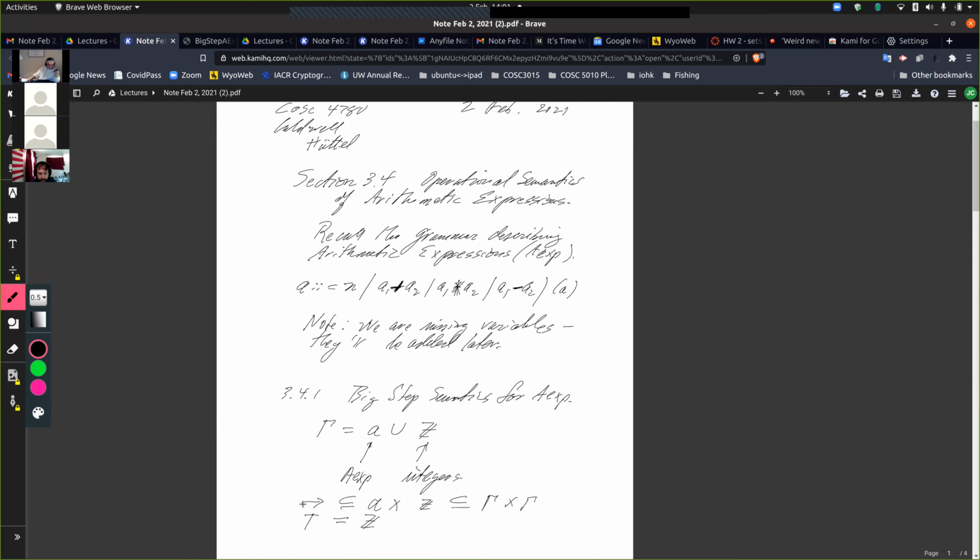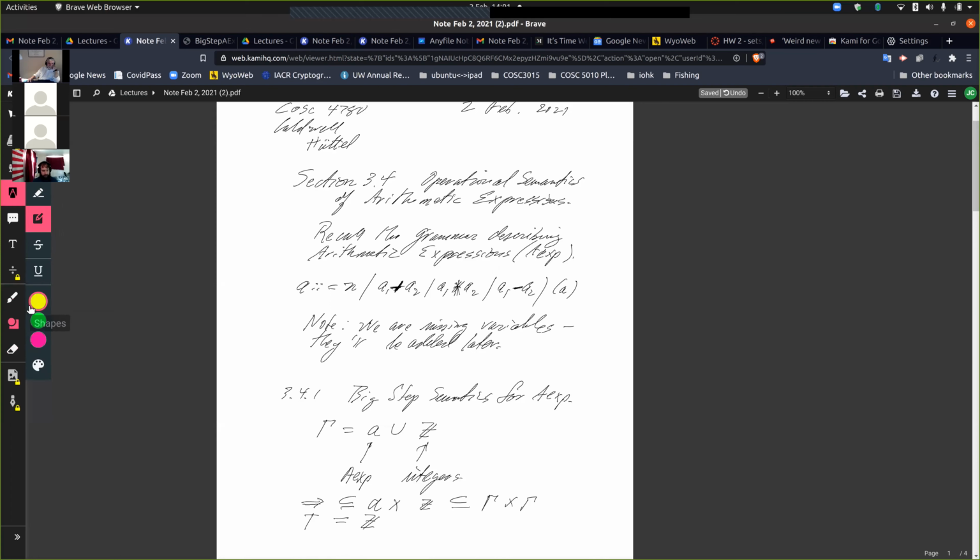This is the big step semantics. So he's defining a different shaped arrow here to represent the big step semantics.